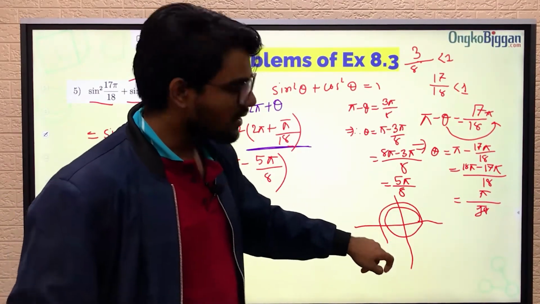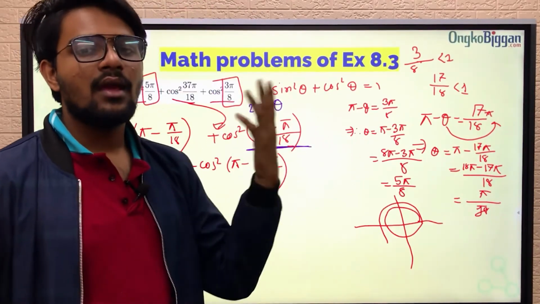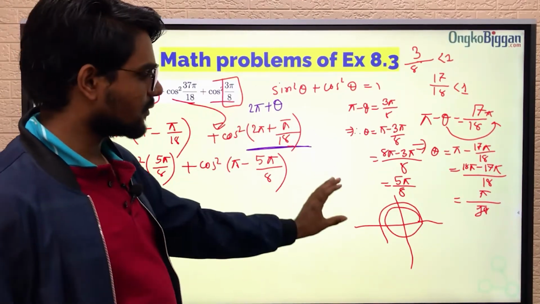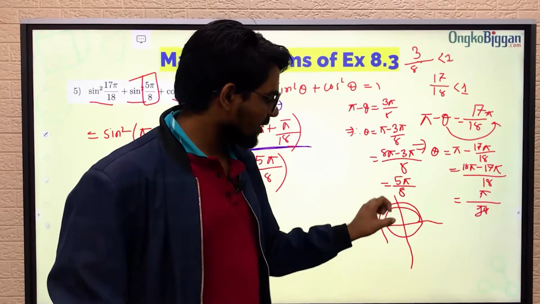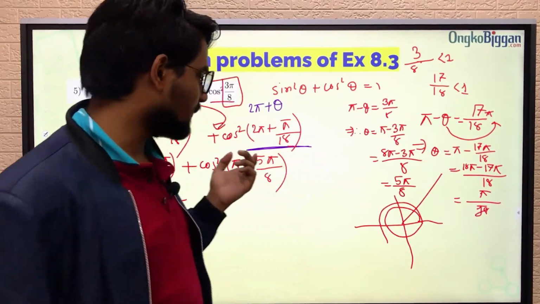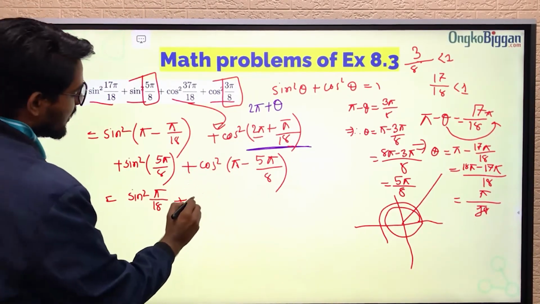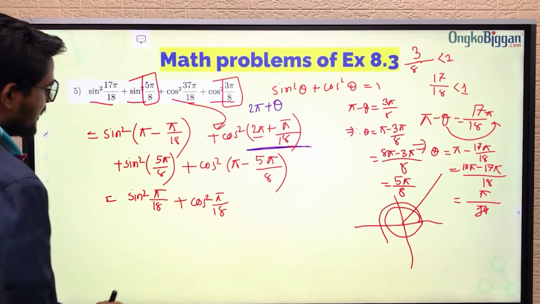So we can cancel the number of complete rotations, or the angular distance covered in a complete rotation, in this kind of maths, to find the actual position of the resultant. So we are going to cancel the 2 pi here and we will write cos square pi by 18.